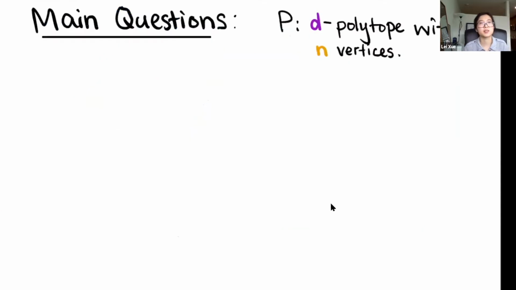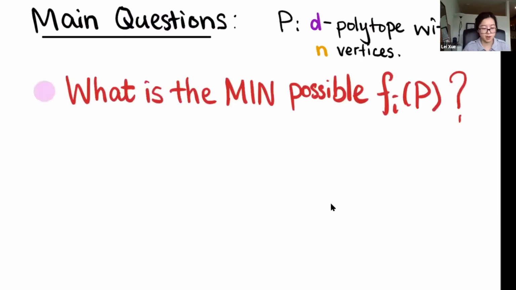And now we can introduce the main questions. Basically, if you fix the number of vertices to n and you fix the dimension to d, one can ask, what is the minimal number of i-faces such a polytope could have? Such a minimal f_i for each i must exist.